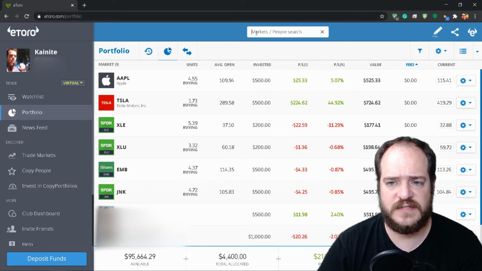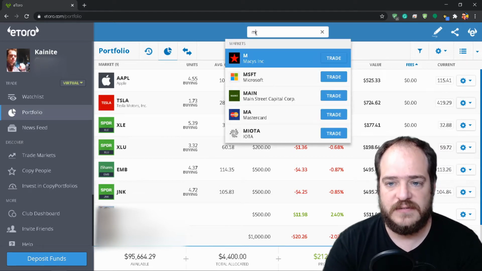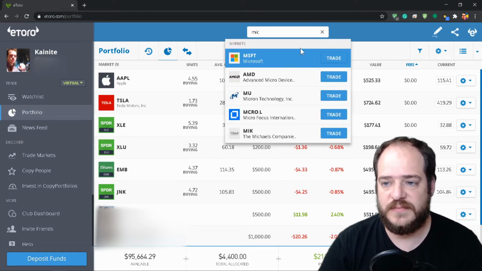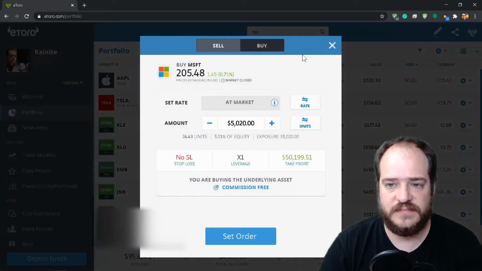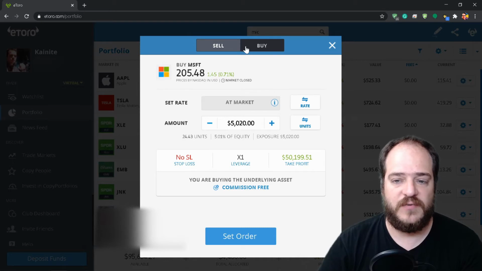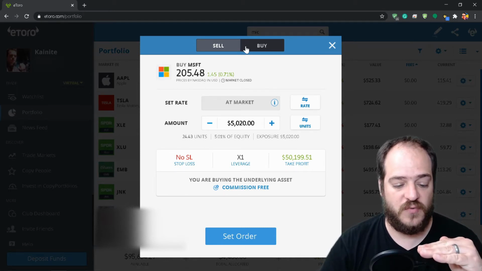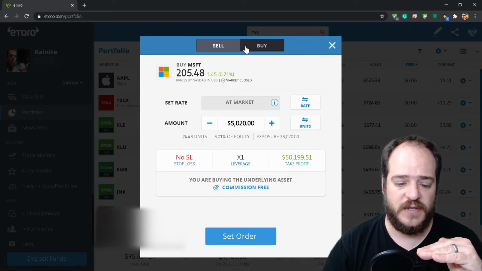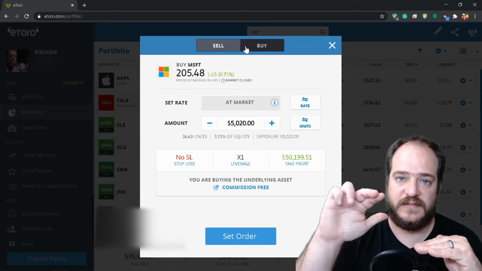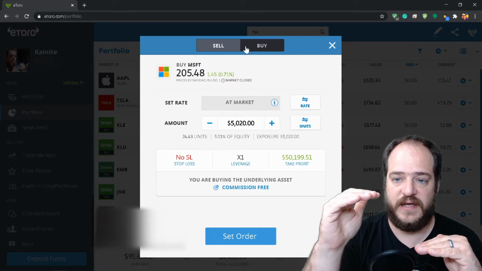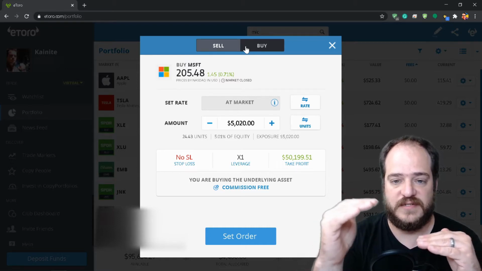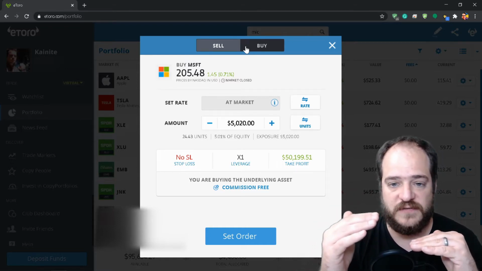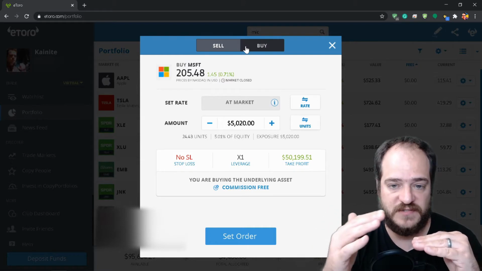So let's give an example of how to buy and how to sell. Let's say Microsoft, for example. Let's click on trade, and now we have buy and sell. Buy means I want to buy at a specific level, when it's low and I'm expecting that stock to increase, and then I'll sell at, in the case of Microsoft, $220, for example.